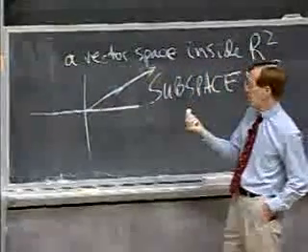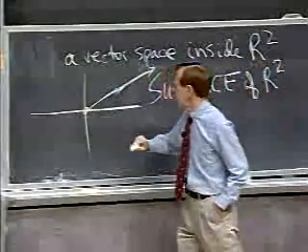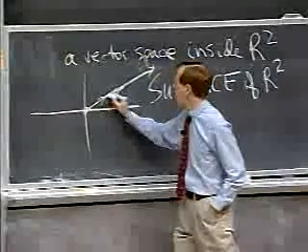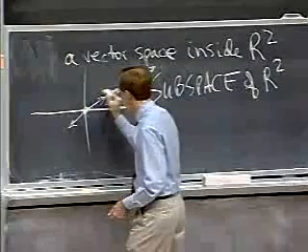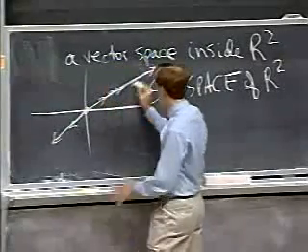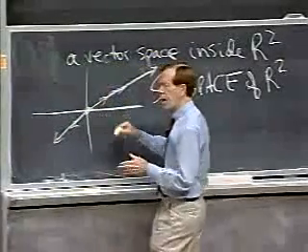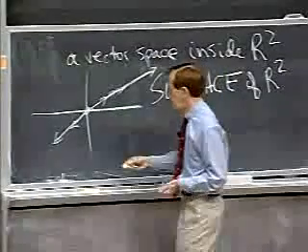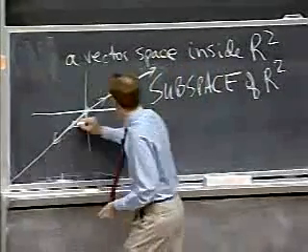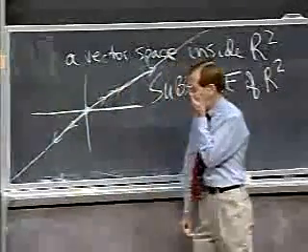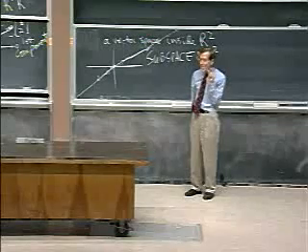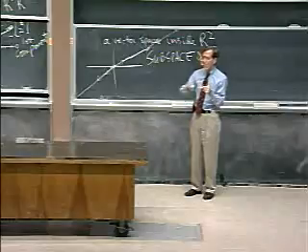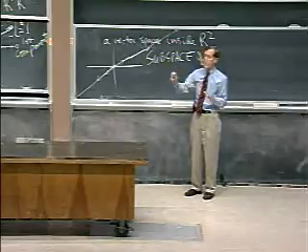I have to be able to multiply by 0, that vector, or by 1/2, or by 3/4. All these vectors, or by -1/2, or by -1. I have to be able to multiply by any number. So that is going to say that I have to have that whole line. Do you see that? Once I get a vector in there, I've got the whole line of all multiples of that vector.